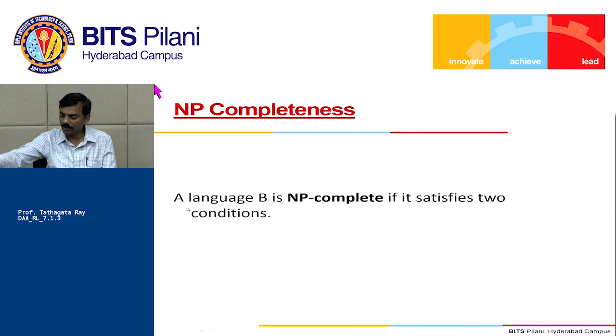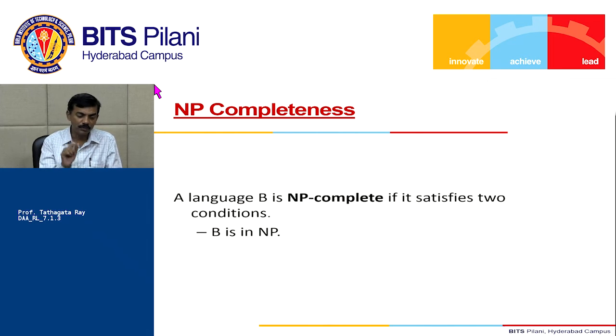So now what we will define is called the class NP complete. So language B is called NP complete if it satisfies two properties. What are the two conditions? First, number one, B has to be in NP. Now how do you prove something is in NP? If you recall, you will prove a language is in NP by using a verifier.